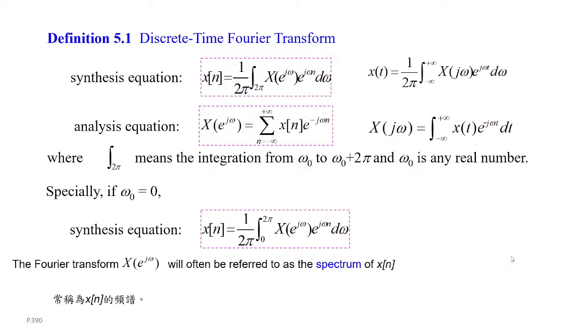So you see the form is similar. We have an integral here, and in this one you have a summation, but instead of integrating over all omega, here omega has a period 2 pi, so you only integrate over 2 pi. And this 2 pi period is any interval of length 2 pi, usually you choose 0 to 2 pi or minus pi to pi. Okay. Question?